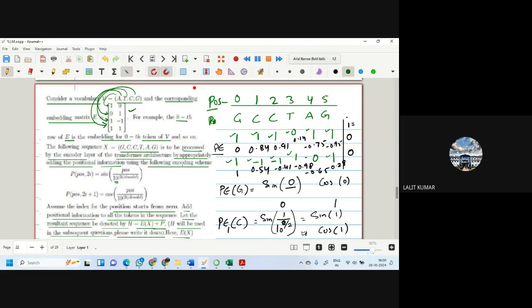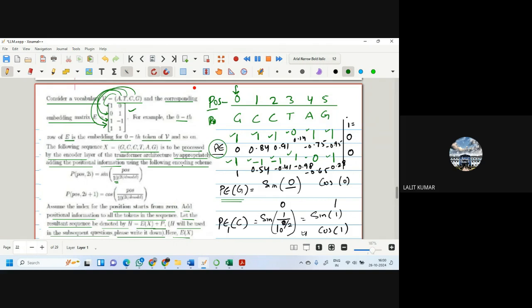And now we find the positional encoding for them. This is the position, and like I covered earlier, this becomes your i. So for these, i will remain 0. I had covered this, if you remember. When you fit this formula, PE for G, for example, becomes sine of 0 because the position is 0, and cos 0.